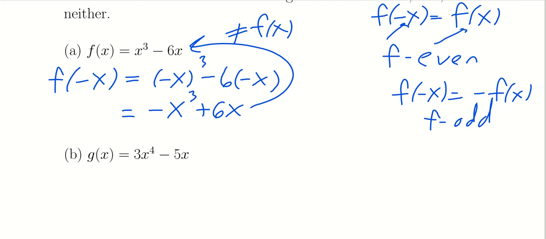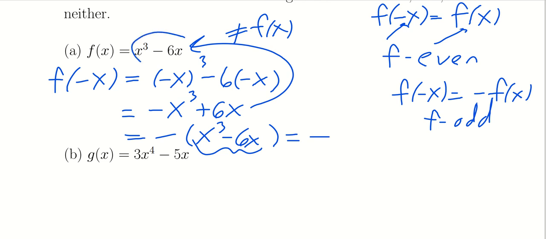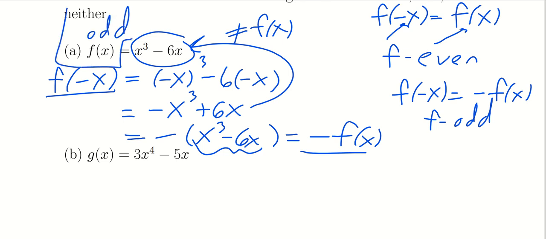If it's not even, then the next step would be to factor out a negative from what you have, and to see if with the negative factored out, did we recover the original? And the answer is yes, we did. If I look at what's in the parentheses, that is the same thing as the function we started with. So what this shows is that f of negative x is equal to the negative of f of x, and that means that the function in A would be odd. Okay? So that function f of x is odd.